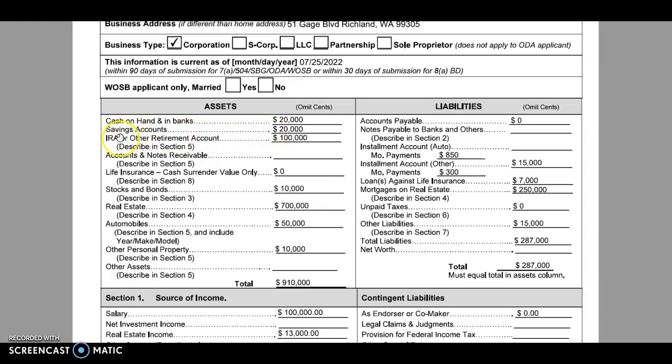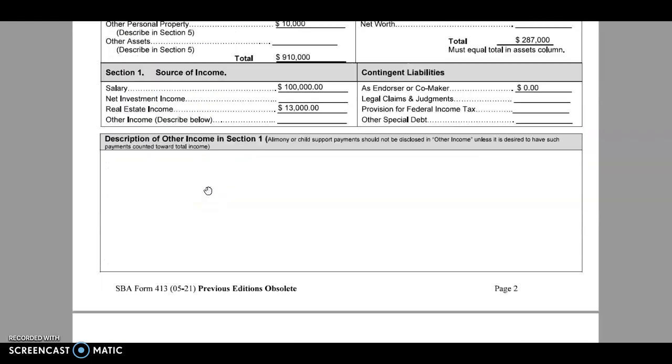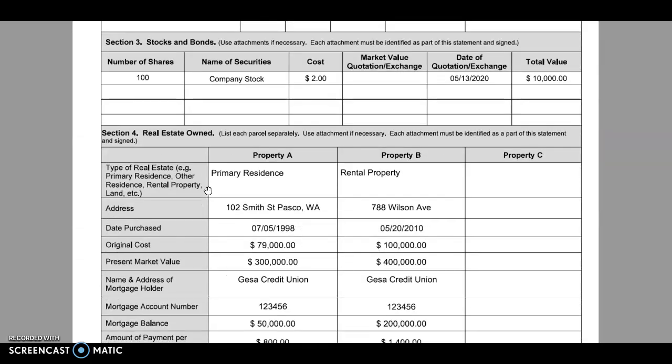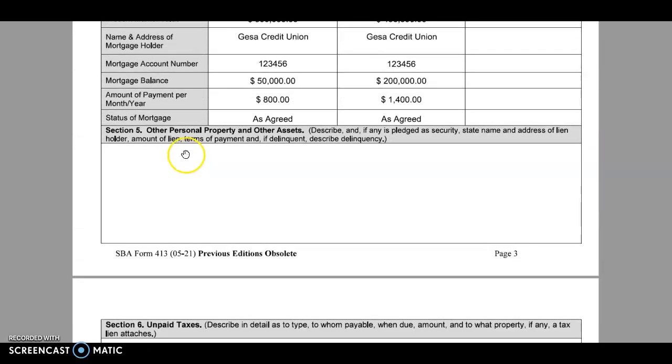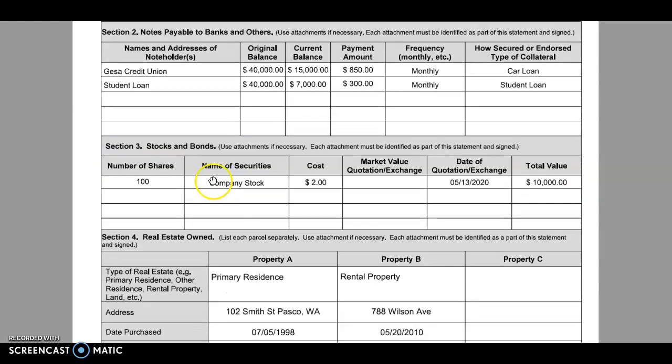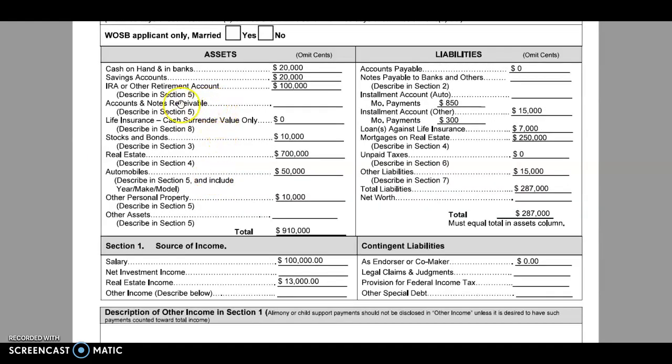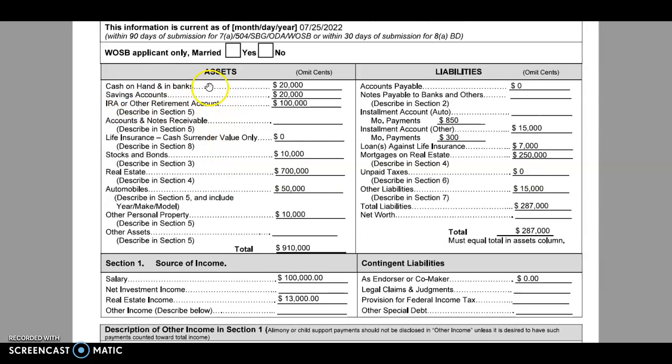Next, we're going to go into IRAs and other retirement accounts. Before you put in a number here, you'll see describe in section 5. You'll move to the next section, section number 5, which is other personal property and other liquid assets. So you're going to put in any detailed information here on section number 5 when it has to do with your IRA or other retirement accounts.